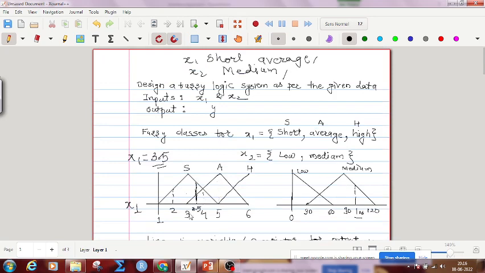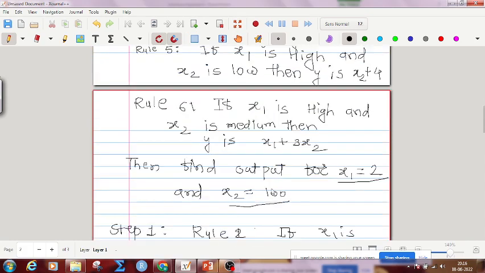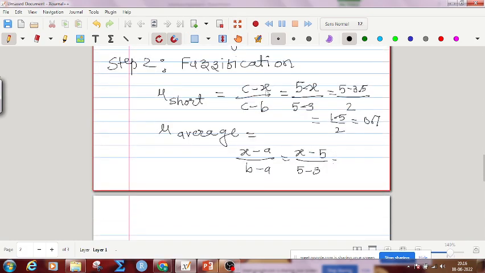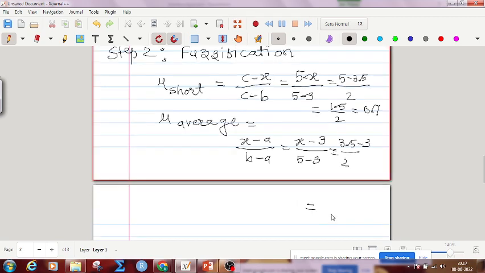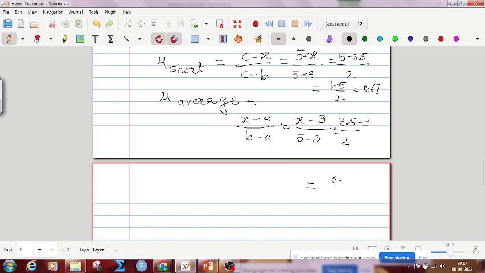The value of a is 3 and the value of b is 5. So x minus 3 divided by b minus a. What does it give me? This gives me 3.5 minus 3 divided by 5 minus 3. 5 minus 3 is 2, and 3.5 minus 3 is 0.5. So 0.5 divided by 2. Can you tell me this value?